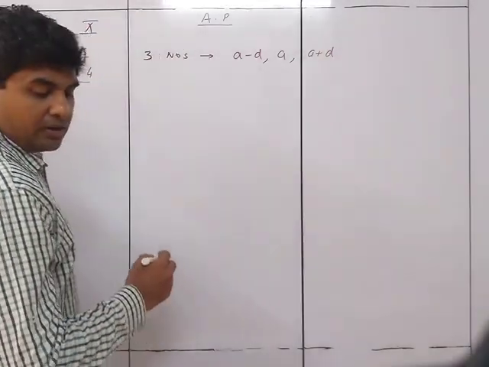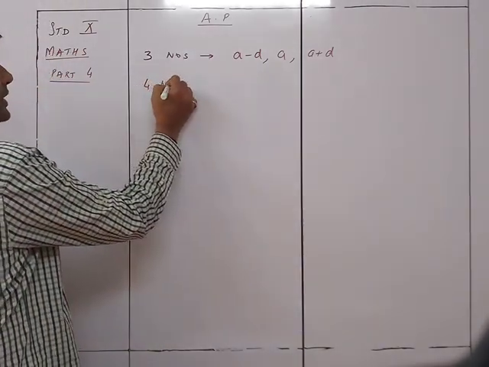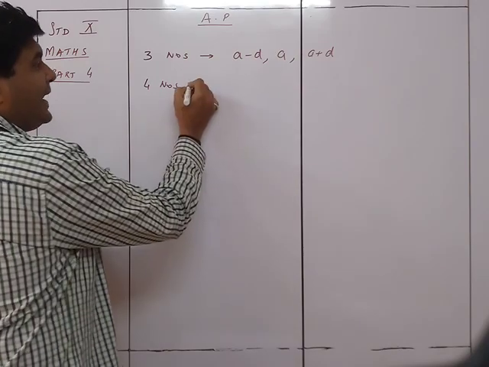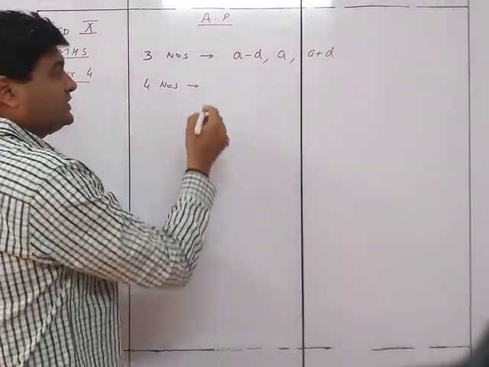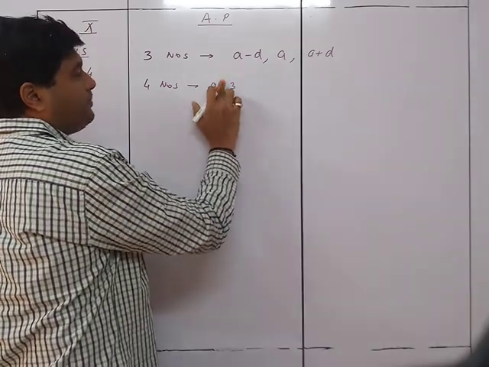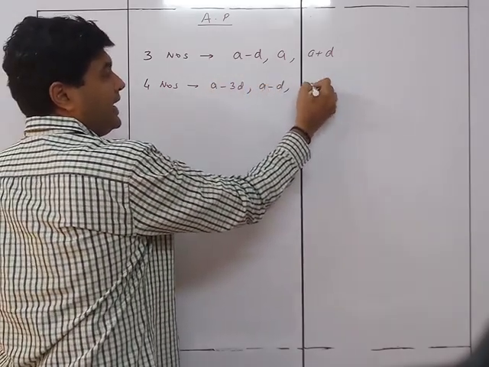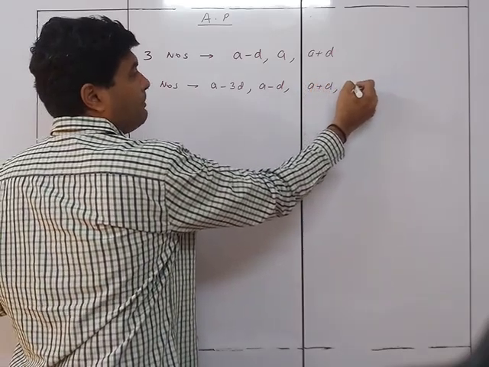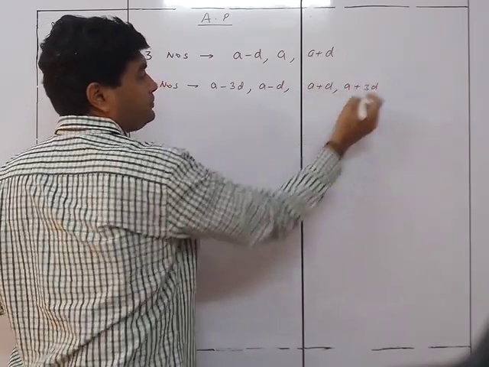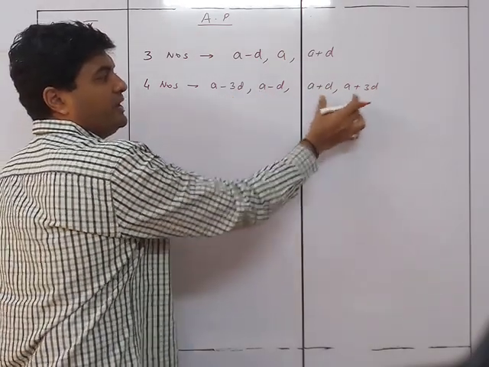Similarly, if I have four numbers, again I need to see to it that my d's get cancelled. So that's why I'm going to take a minus 3d, a minus d, a plus d, and a plus 3d. So the difference over here is also 2d, here also 2d, here also 2d.